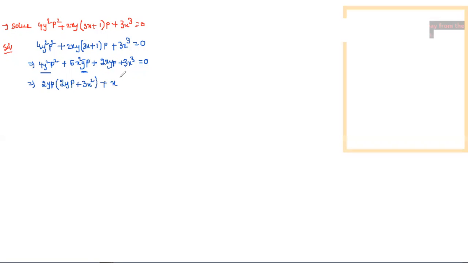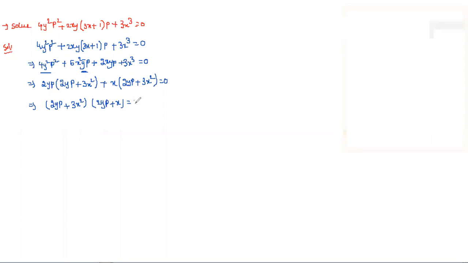So if you take x as common, what is remaining? 2yP plus 3x square is equal to 0, right? So just I took common terms. And now if you observe this one, which one is the common one again? 2yP plus 3x square into 2yP plus x is equal to 0.